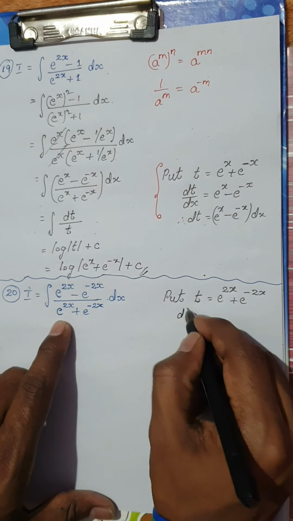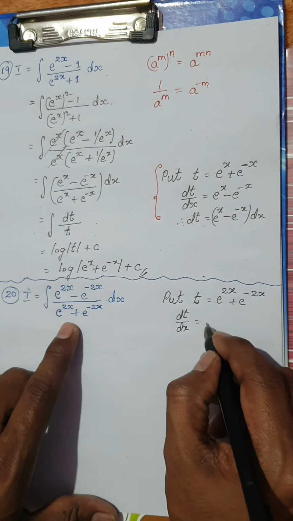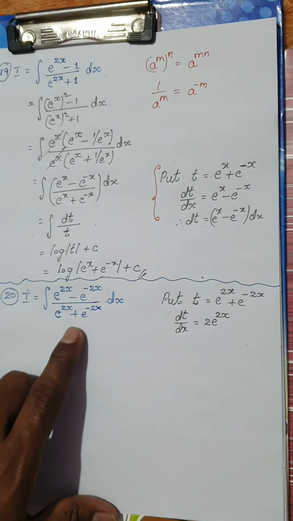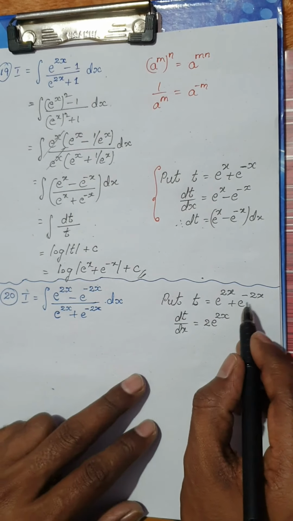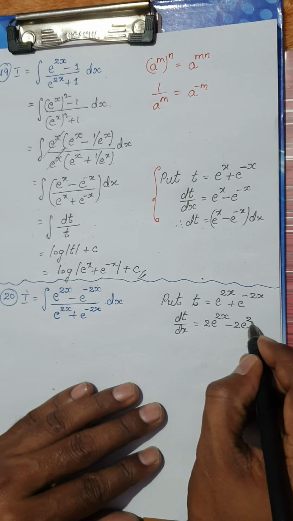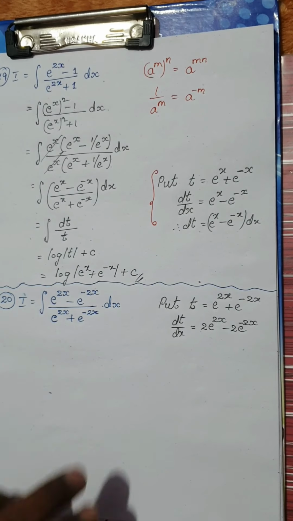If you differentiate with respect to x, what happens? The derivative of e^(2x) is 2 times e^(2x), isn't it? That is, the derivative of e^(ax) is a times e^(ax). This is differentiation I am doing, remember. Now the derivative of e^(−2x) is −2 times e^(−2x). Please be careful when you have negative terms.